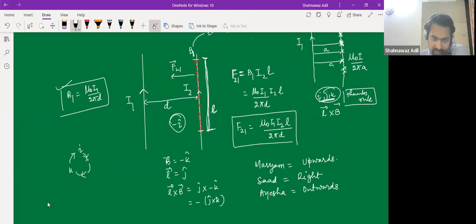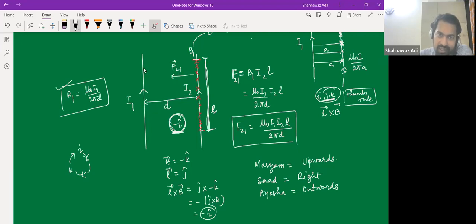J cross K is I. So this is minus I. Correct. So this is justifying our answer.